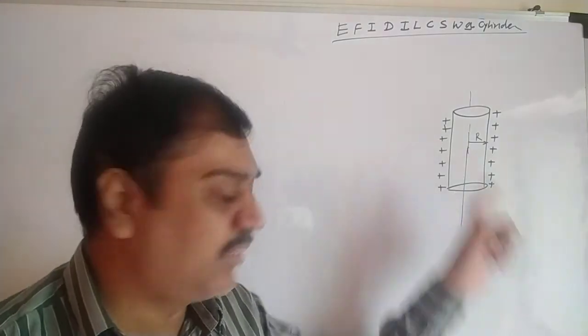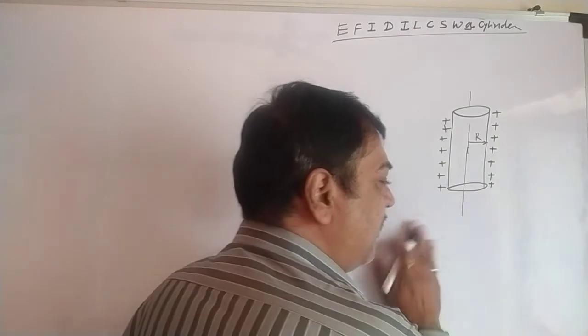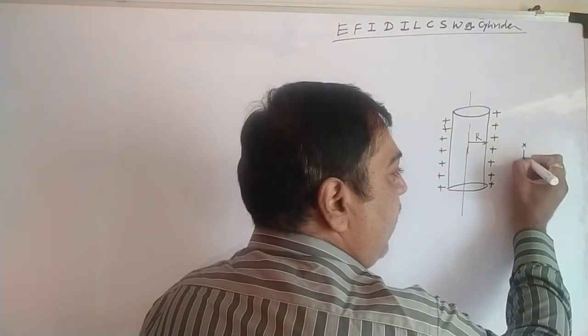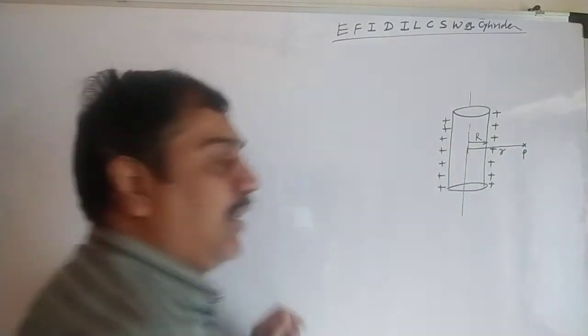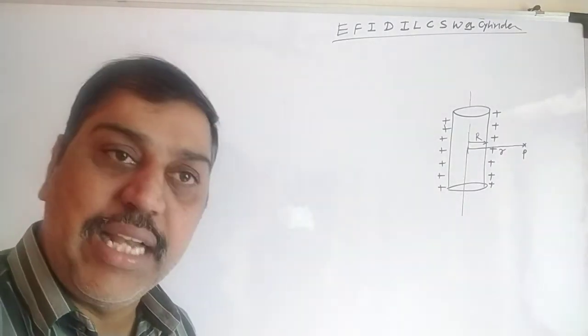So it is a straight cylinder or wire which is charged. Now, similar to the initial one, it is a cylinder instead of a sphere, that is the difference. Let us consider a point P at a distance small r from the axis of the cylinder or wire, where we want to find the electric field intensity.